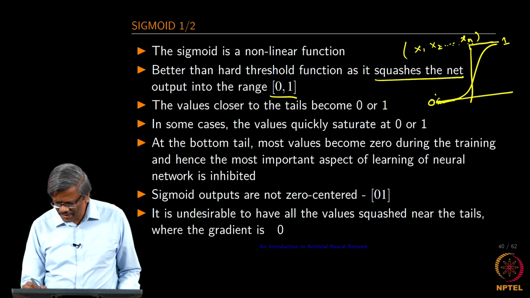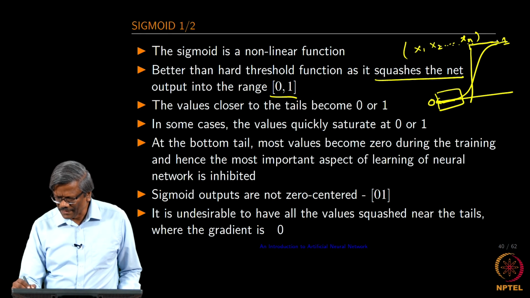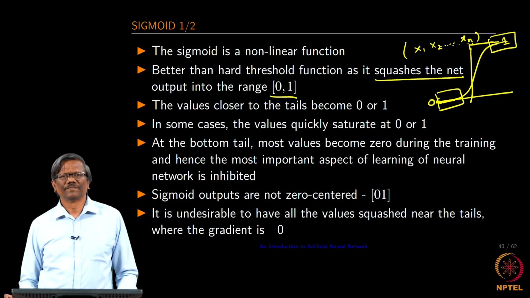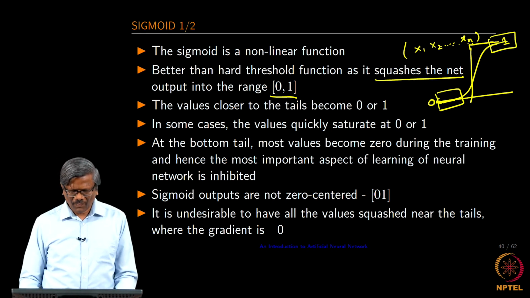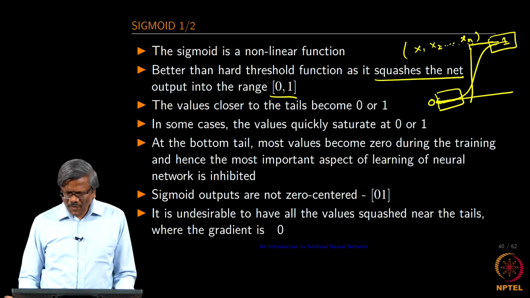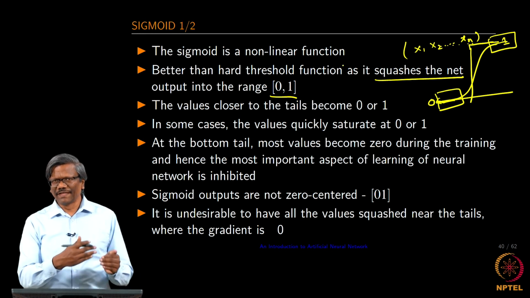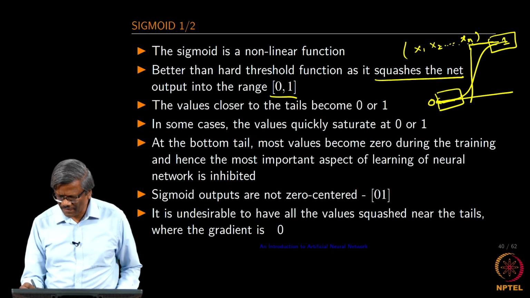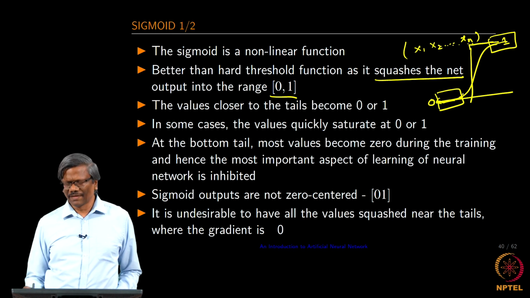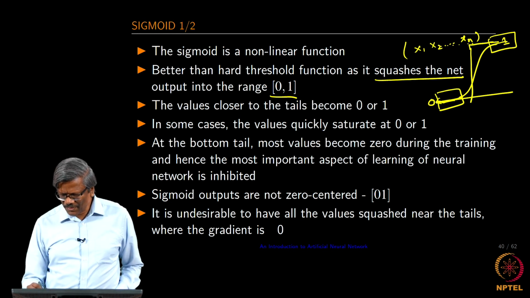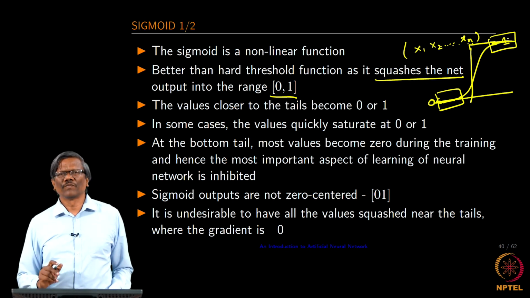This region is called a tail region. In this particular region, if the value that you are computing in H1 in the hidden layer lands here, it will be saturated to 0, or if the values are here, it is equal to 1.